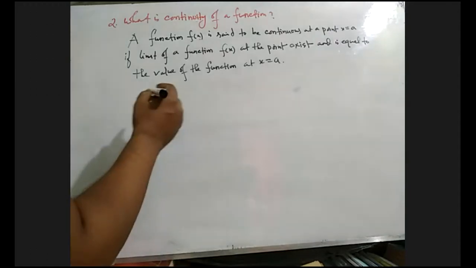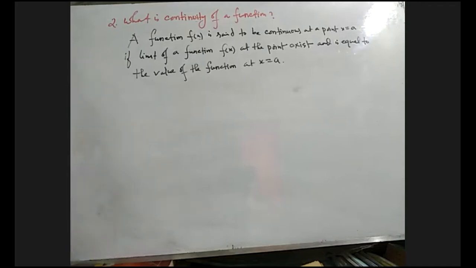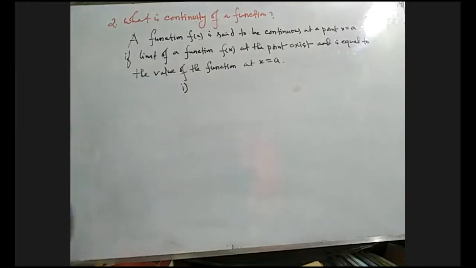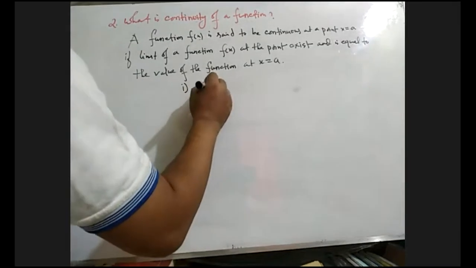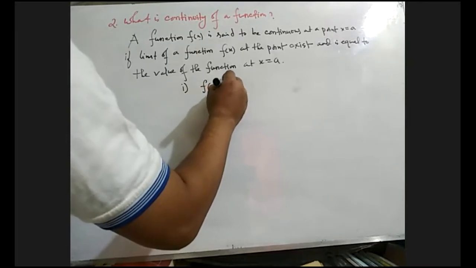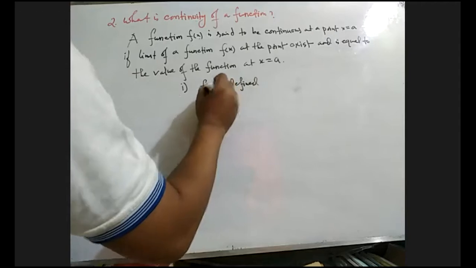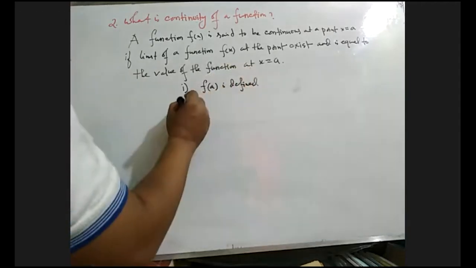That means we can say that. So what will be the continuity of a function? First of all, f of a is defined. That means at x equals a, we get a value.